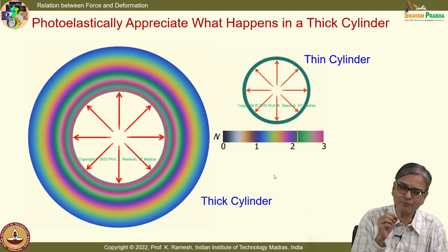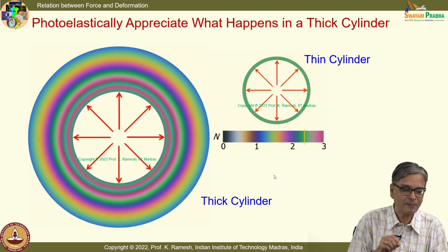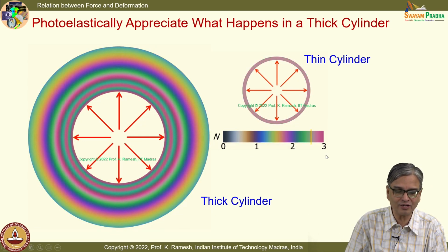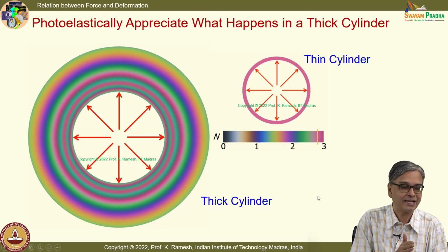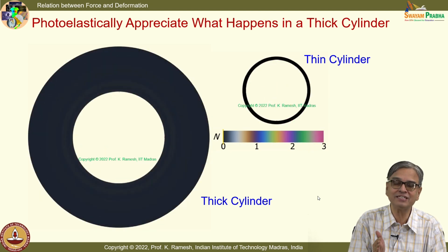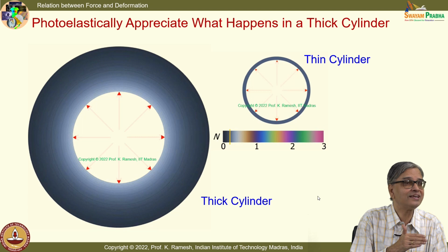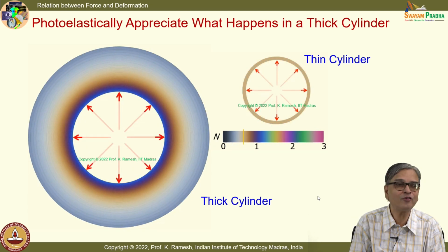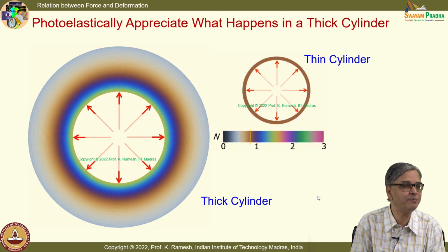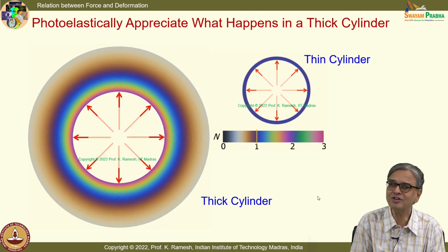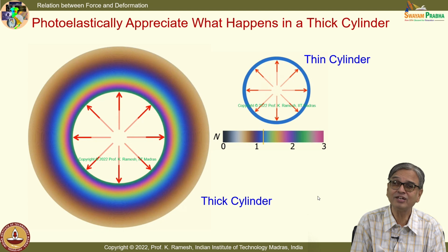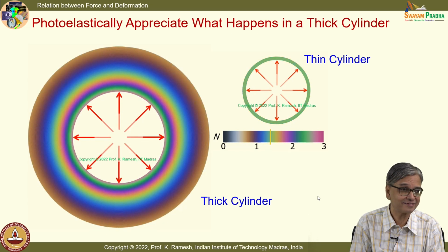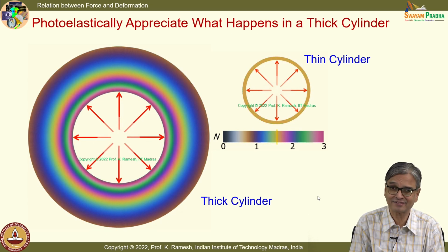Can you make one more observation? Here I have shown 0, 1, 2 and 3. I have these fringes. What is the distance between the fringes? Is it uniform like what you had seen in the case of a beam? It is not uniform. So, it is different. So, it is non-linear.